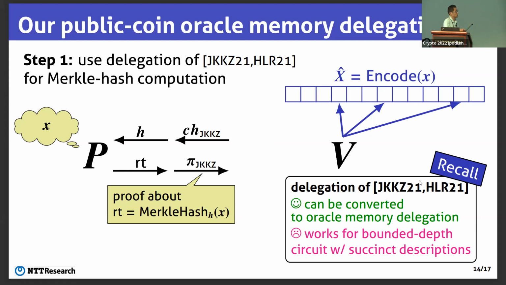I won't explain the technical detail about the reason for this, but the point is simply that the macro hash computation can be described very succinctly. In particular, we can obtain a circuit for macro hash computation by just combining many copies of small subcircuits that compute the underlying hash function. So given this succinct description, it is very easy to observe that the delegation scheme of JKKZ and HLR can be used for macro hash computation.